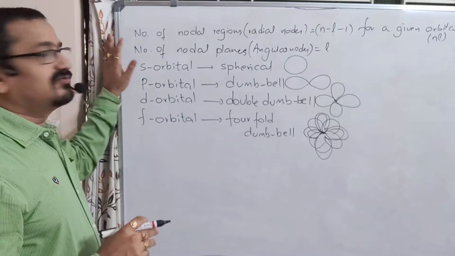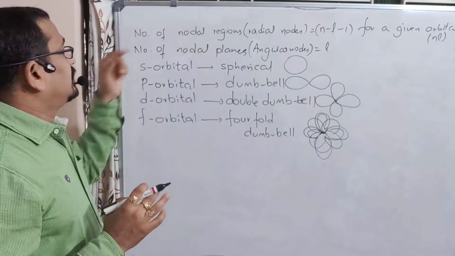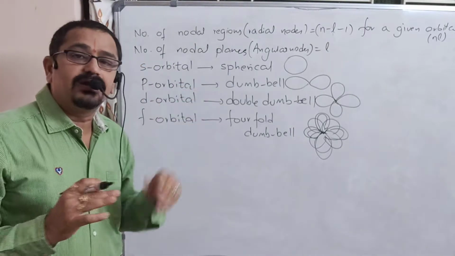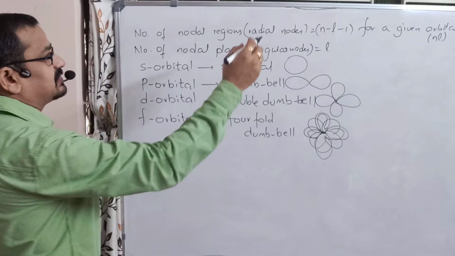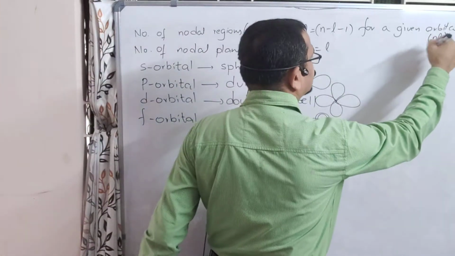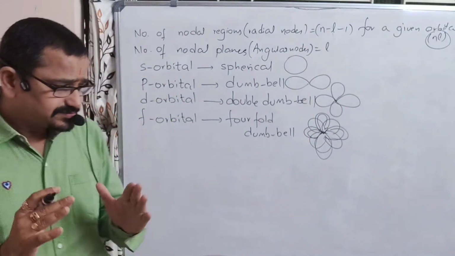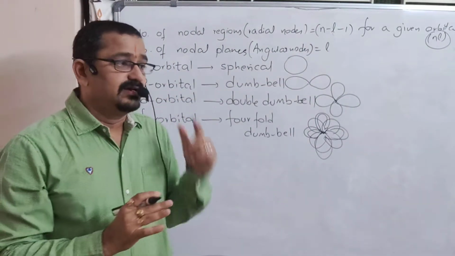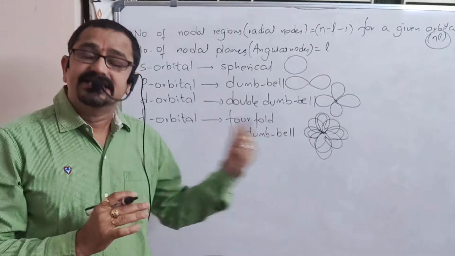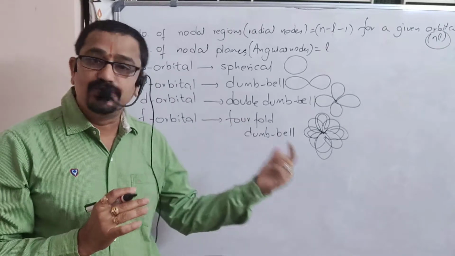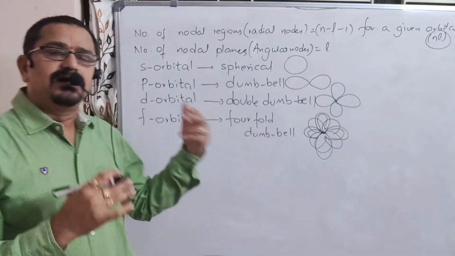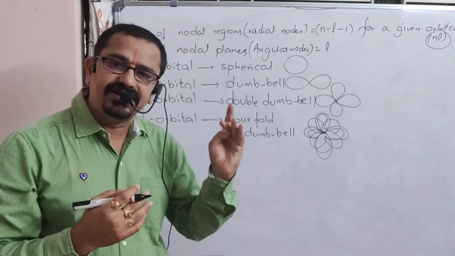Now another point we have to recap here: the number of nodal regions or radial nodes for a given orbital nl. Orbitals are usually represented with this nl notation. Like last class we studied, the first shell has 1s, the second shell has 2s and 2p sublevels. The 2p sublevel has 2px, 2py and 2pz.